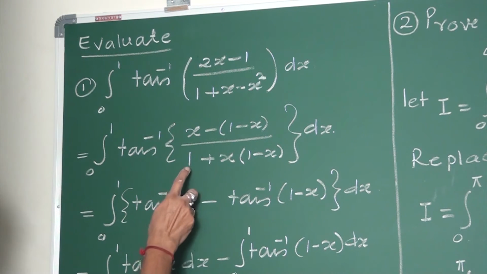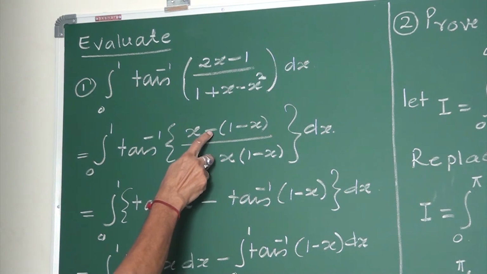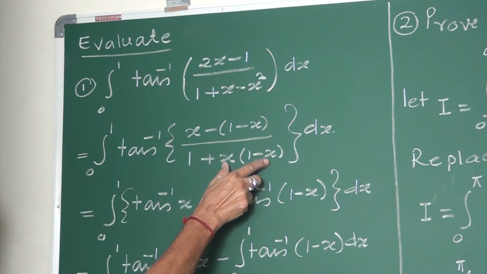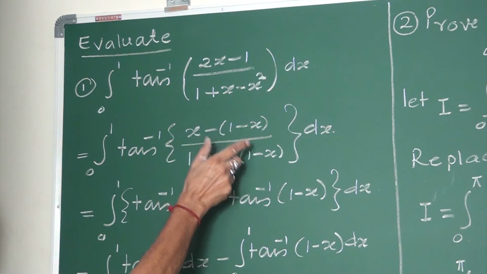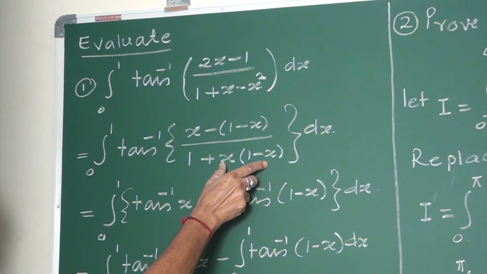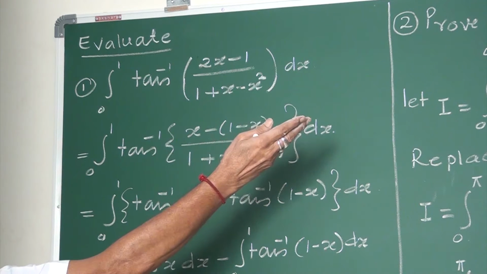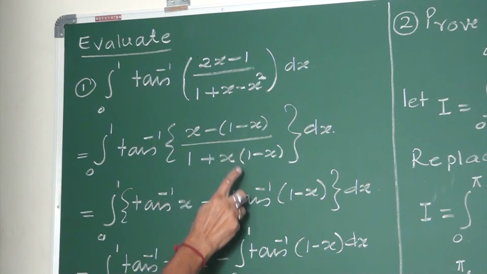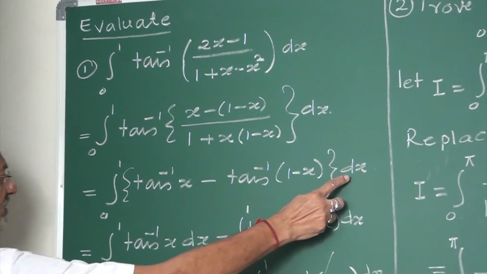See, this is 1, with opposite signs, and this is the product of these two terms, x into (1 minus x). If it is so, we can apply that result. It is tan inverse of the first term minus tan inverse of the second term, dx.